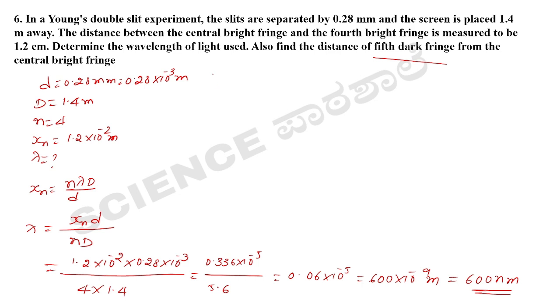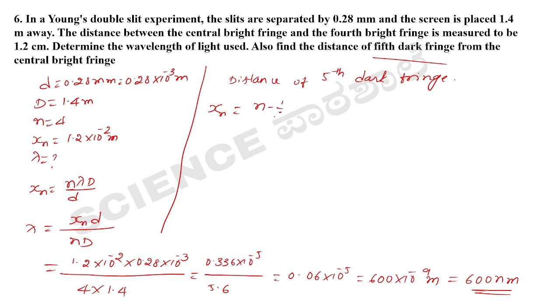So now, distance of fifth dark fringe, that is xn is equal to (n minus 1 by 2) into lambda capital D by small d. Okay, so now what is n here?